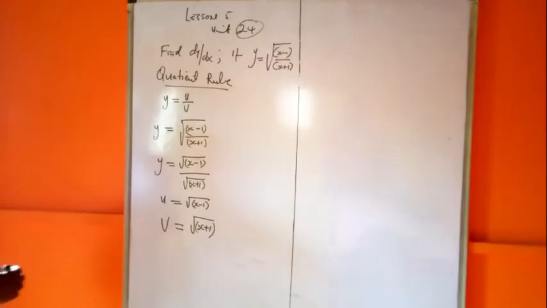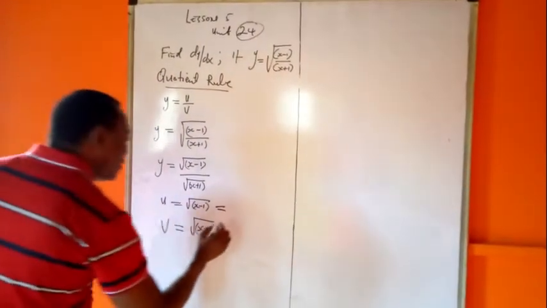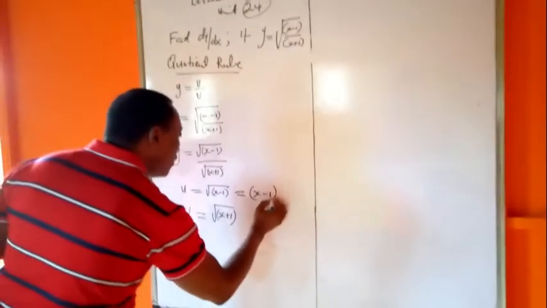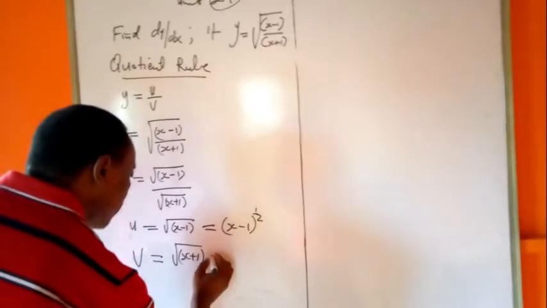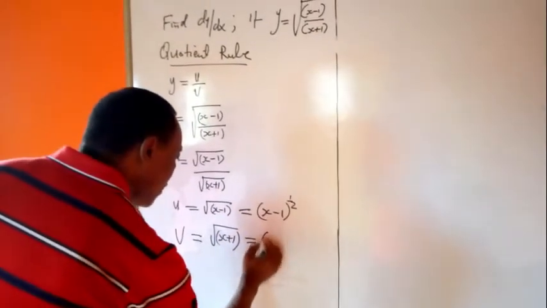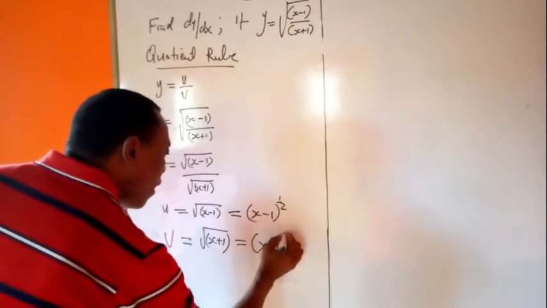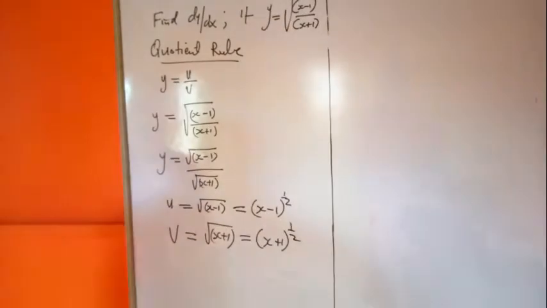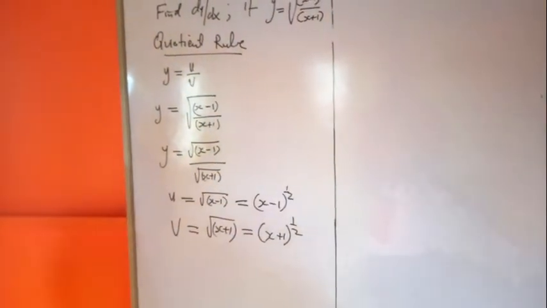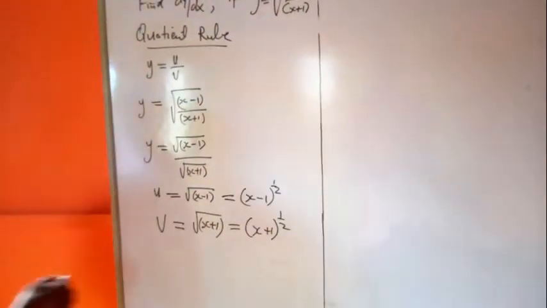So we can say the u now is x minus 1 raised to power half, and the v now is x plus 1 raised to power half. So if that is done, we can begin to differentiate our u and v.